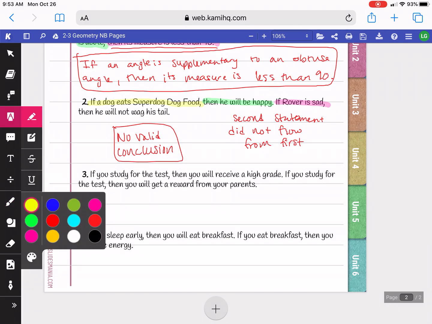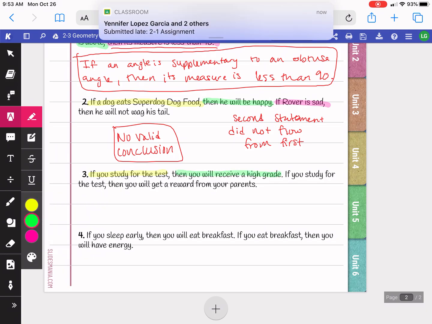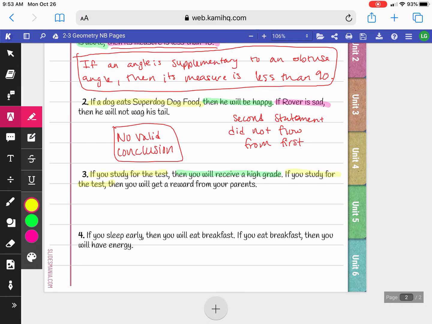Question 3 says if you study for a test, then you will receive a high grade. Our next statement says if you study for a test, then you will get a reward from your parents. Now, these are two if-then statements, but we cannot combine them to write a conclusion because both of them are just saying if you study for the test, then this will happen. But we can't say, okay, if you study for the test, something different might happen.